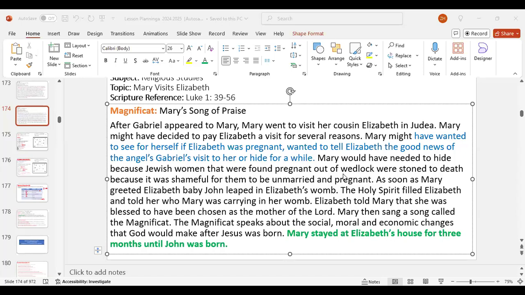Mary then sang a song called the Magnificat. The Magnificat speaks about the social, moral, and economic changes that God would make after Jesus was born. Mary stayed at Elizabeth's house for 3 months until John was born.